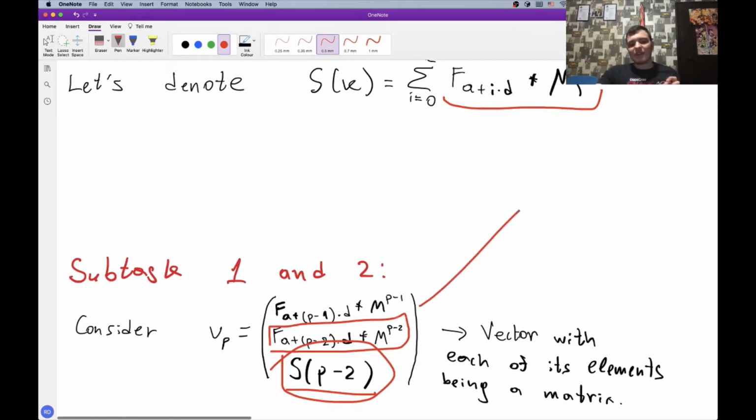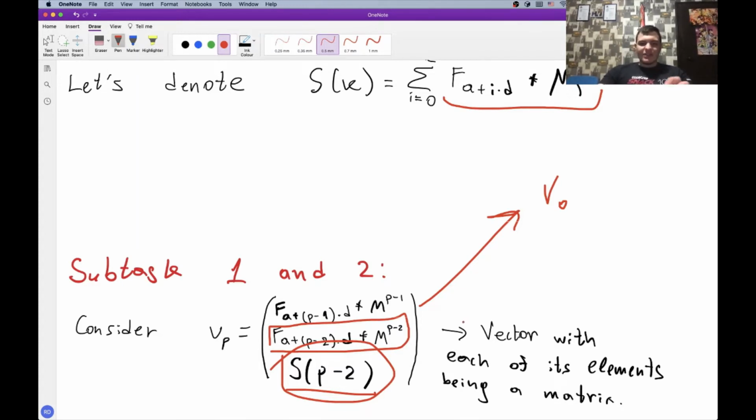But the thing is that we can actually compute v of 0, as that's pretty trivial. In v of 0, the sum will be 0, then we will just have m to the 0th power multiplied by one of the Fibonacci numbers, and the other one will be just the 0 matrix.